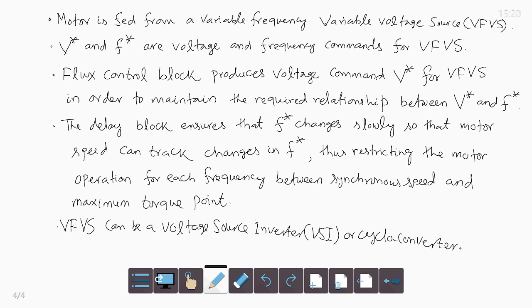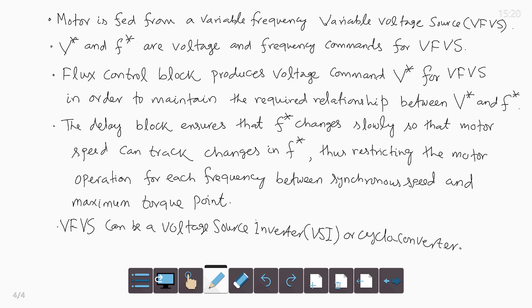So, in this VF variable frequency drive, the motor is fed from a variable frequency variable voltage source VFVS. V star and F star are the voltage and frequency commands for the variable frequency variable voltage source. The flux control block produces the voltage command V star for the VFVS in order to maintain the required relationship between V star and F star.